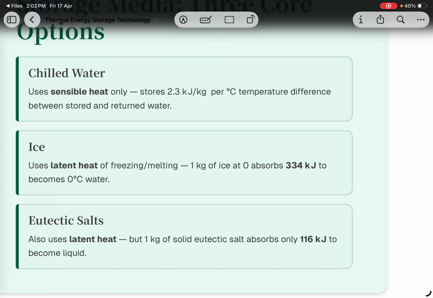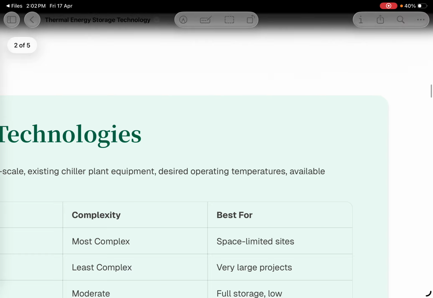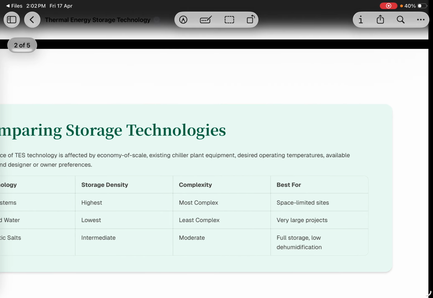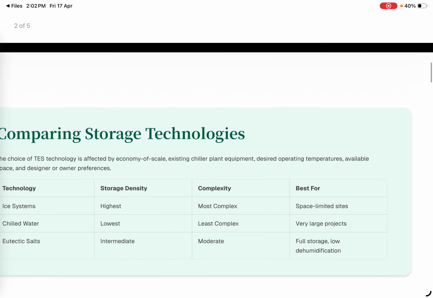If it is ice water, then it is going to store 334 kilojoules of chilling effect per kg, and if it is eutectic salts, then about 120 kilojoules of cooling effect could be stored, right? Now obviously the storage density is maximum for ice systems and lowest for the chilled water system, and the storage density is medium for the eutectic salts.